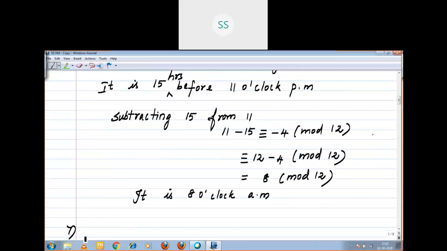Now, today is Tuesday, question number 7. Today is Tuesday, so my uncle will come after 45 days. On which day will my uncle be coming?